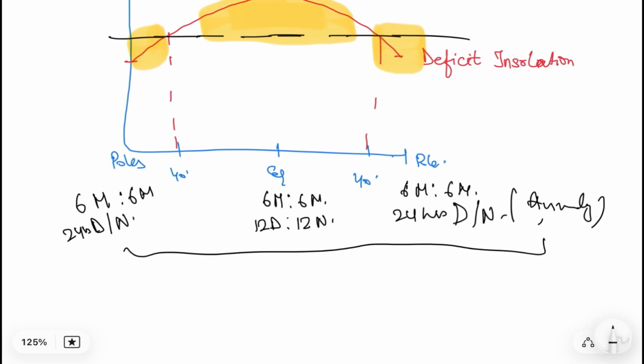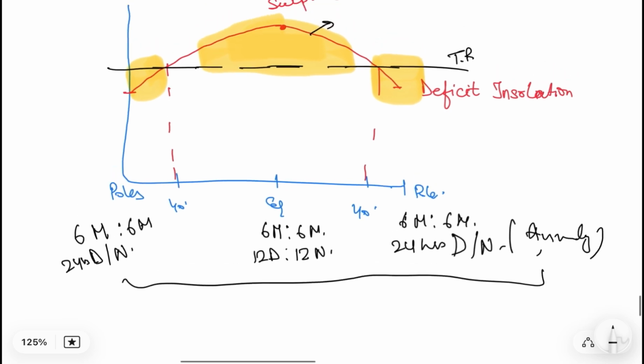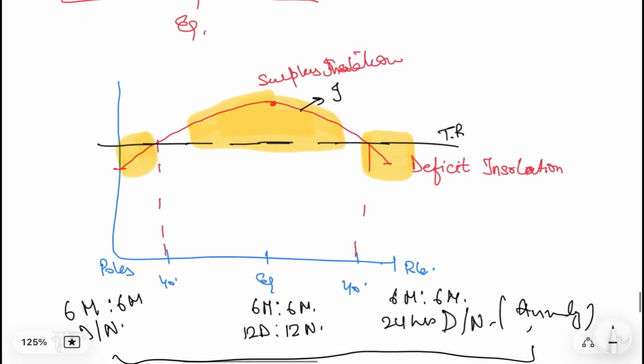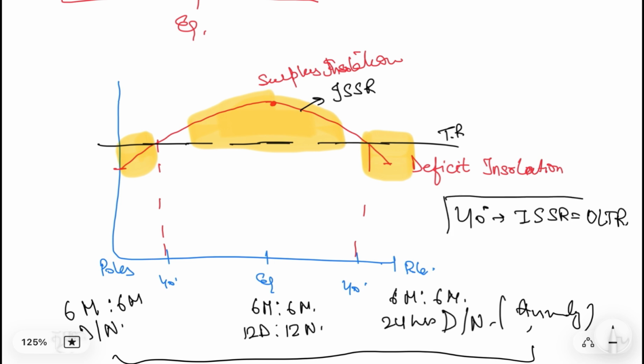So this 40 degree is the limit line, that is where the incoming short wave solar radiation and the outgoing terrestrial radiation are equal. So 40 degree is the limit line where the incoming short solar radiation is equal to the outgoing long terrestrial radiation.